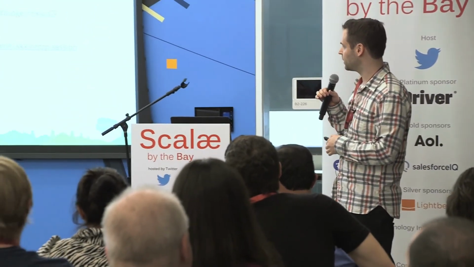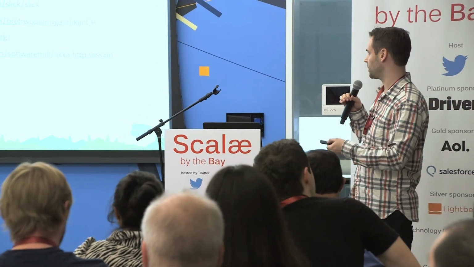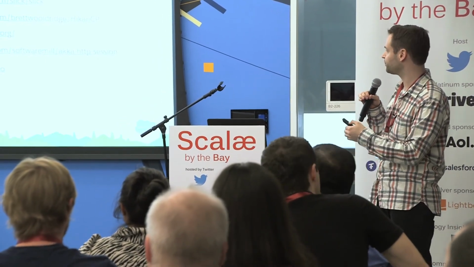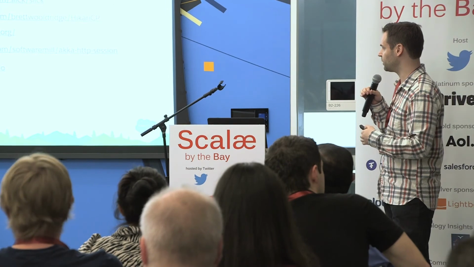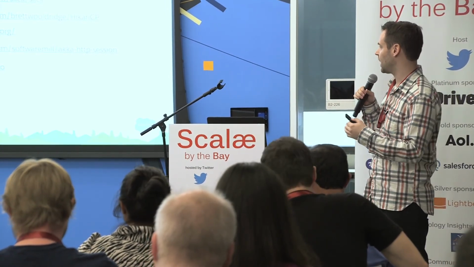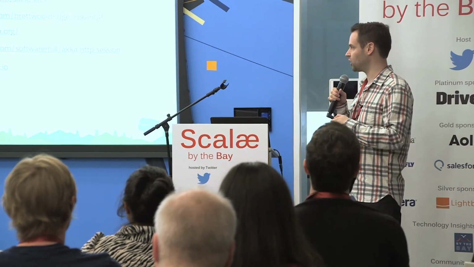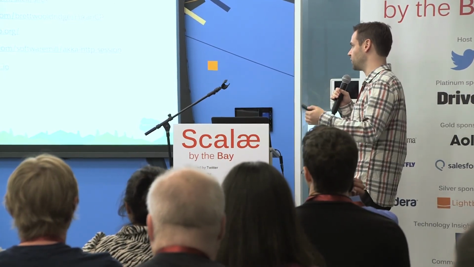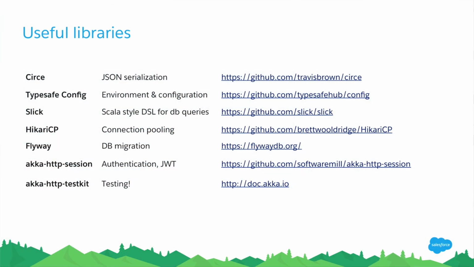We used Slick for ORM on top of our database, HikariCP for connection pooling, Flyway for database migration, Akka-http-session for things like authentication and JWT tokens, and the Akka-http testkit for testing our routes.